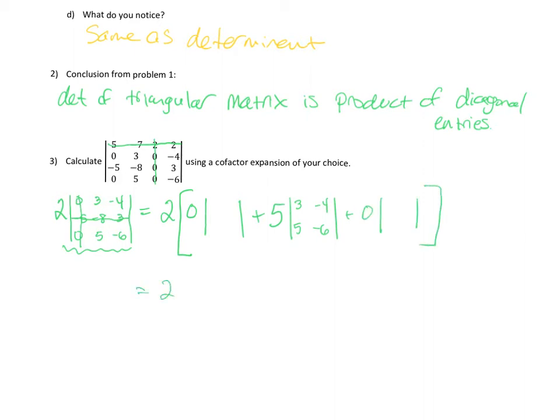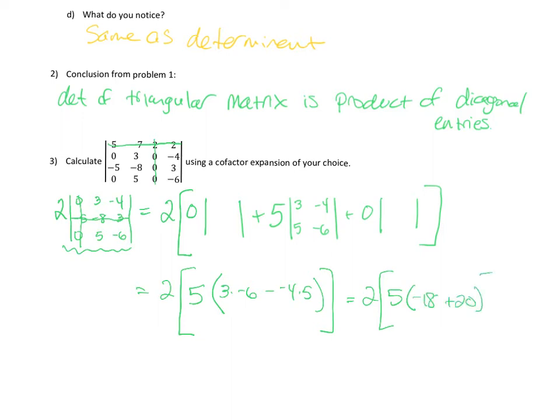So this is 2 times 5 times AD minus BC. 3 times -6 minus -4 times 5. So that's -18 plus 20. So that's 2 times 5 times 2. 2 times 10 is 20.